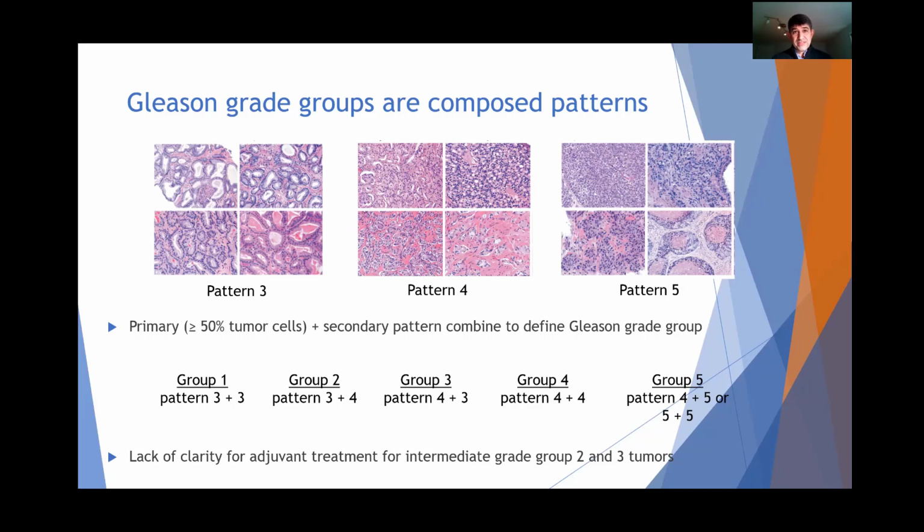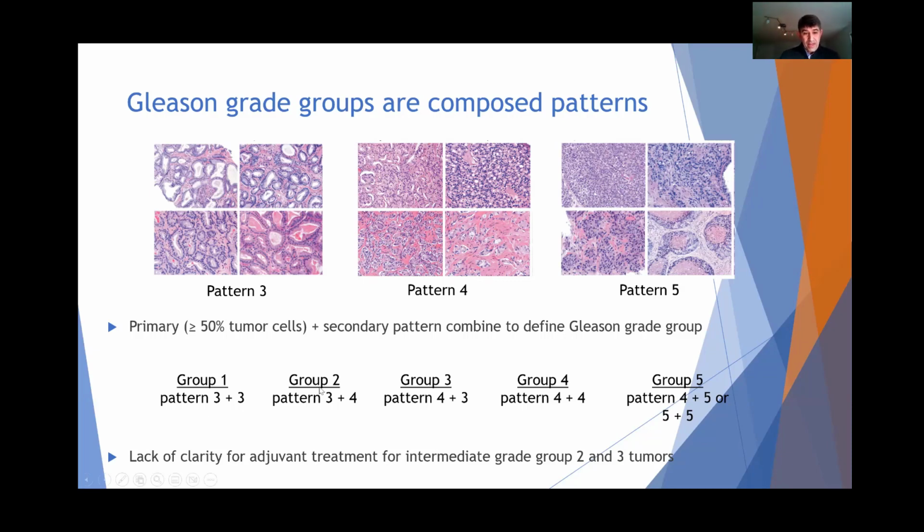So each tumor focus is assigned a group based on a primary and a secondary pattern score, where the primary is indicative of the pattern that dominates that focus of tumor, or has 50% or more of tumor of that specified Gleason pattern. So group 1 is homogeneous for Gleason pattern 3. We call that 3 plus 3, where the primary score is first and the secondary score is second.